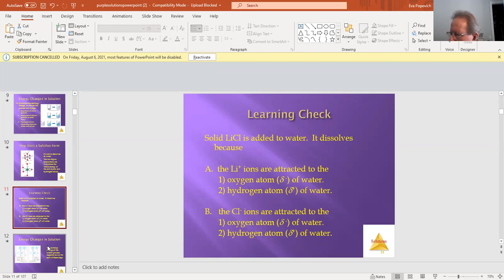Athar. Yes. Athar. Now, we said that the lithium was attracted to the oxygen. The chlorine is attracted to the oxygen of water or the hydrogen? To the oxygen?